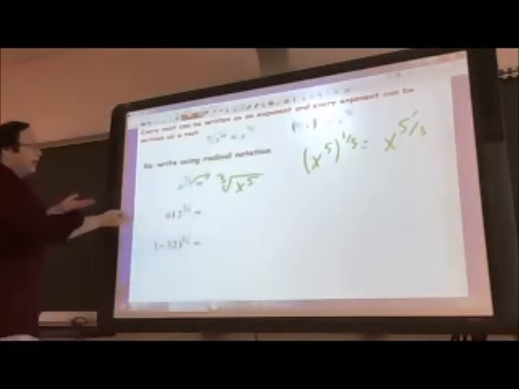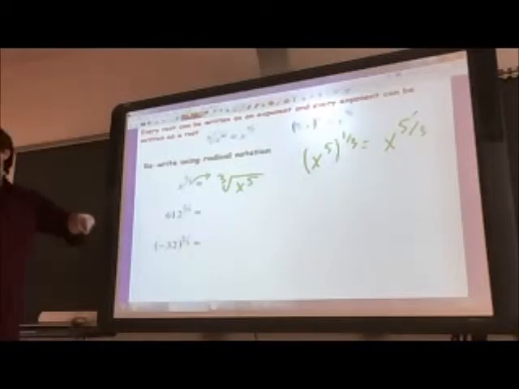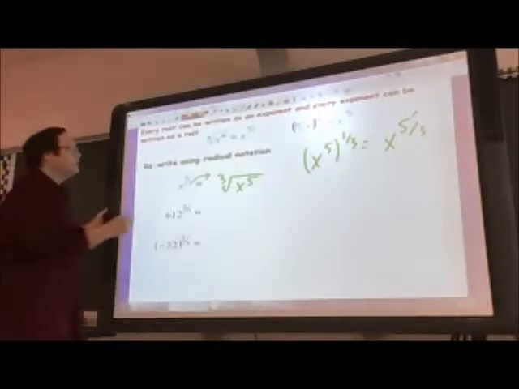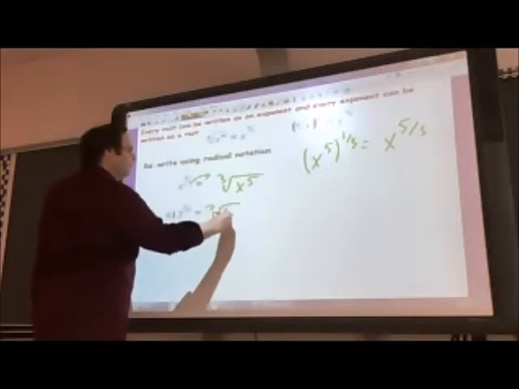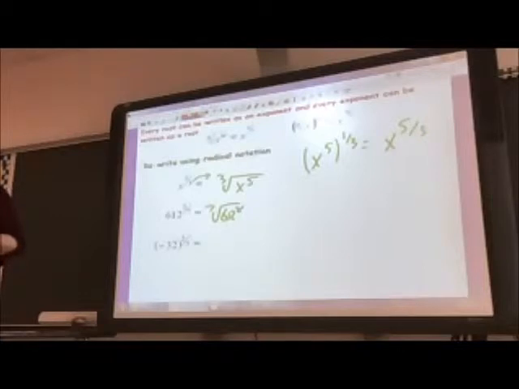So similarly down here, who can tell me how I rewrite this one? Anybody? Yes. 612 squared to the root 7. That's right, the 7th root. We'd have the 7th root of 612 squared. Now it's possible we can simplify this, but I haven't the faintest idea.